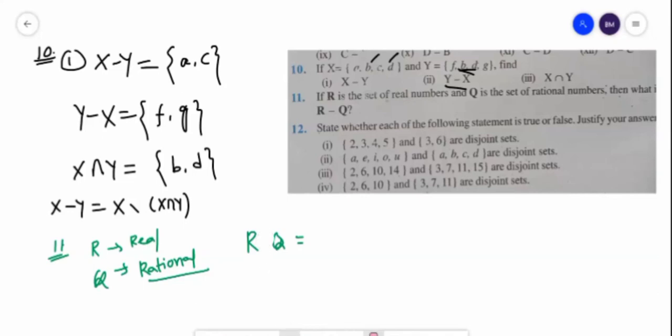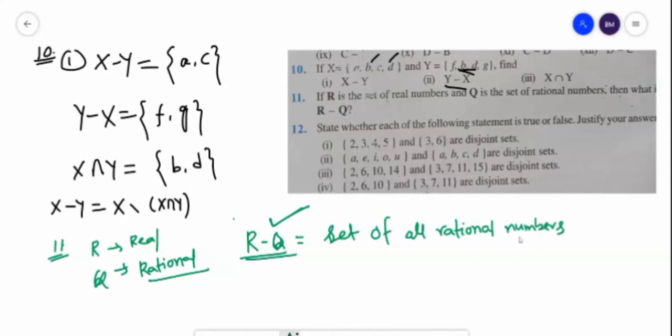R minus Q implies all rational numbers we have to omit, because all rational numbers are real. So we omit each rational number from the set R. Then only irrational numbers will be there. So this will be the set of all irrational numbers.